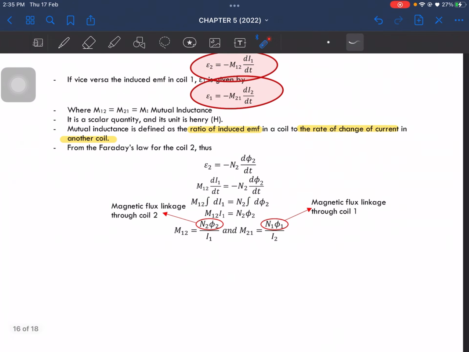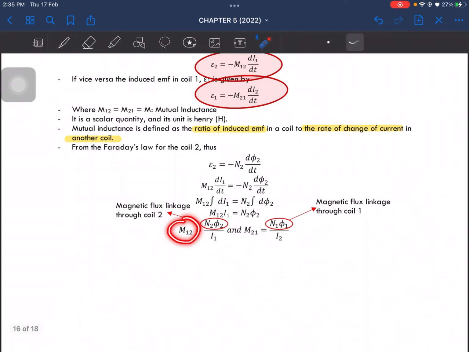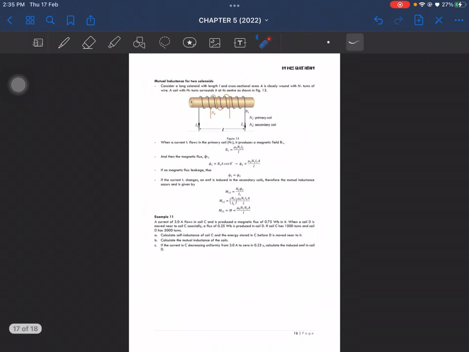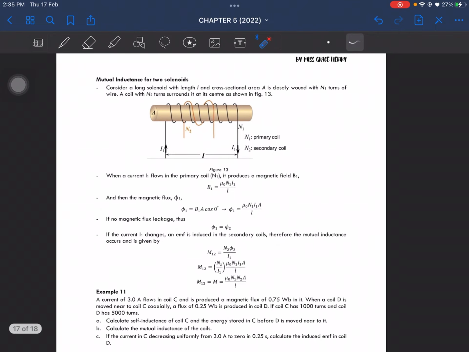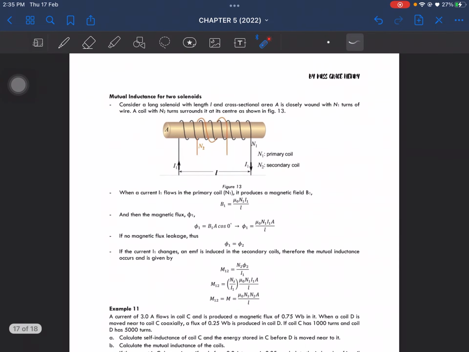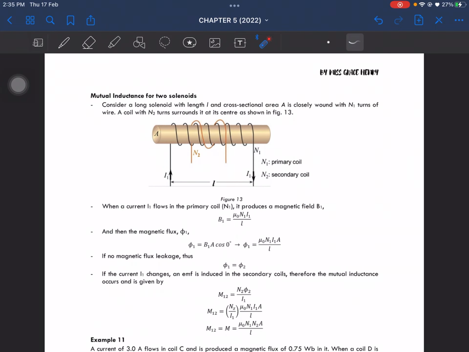From here we can get the mutual inductance for coil 1 to 2 to be this one, and the same as this. This is for coil 1, this is for coil 2. So in short, you can calculate the mutual inductance for the two solenoids by using this equation here.